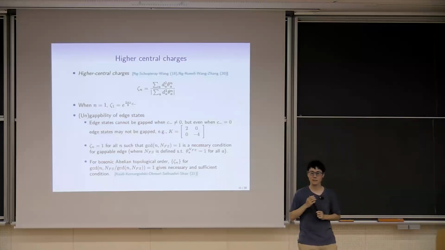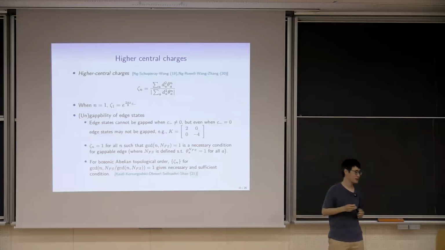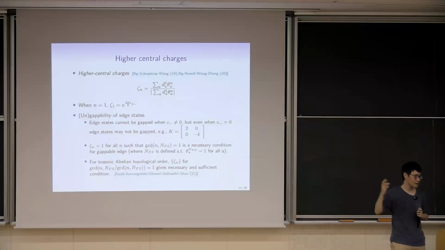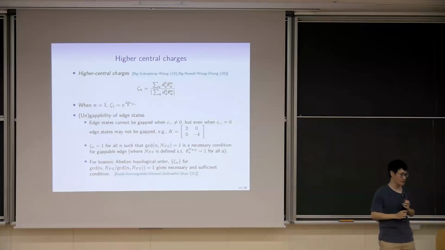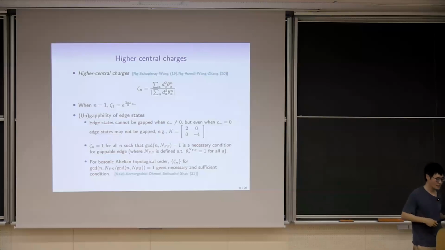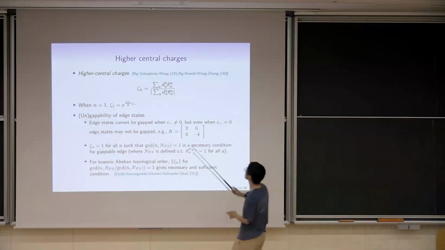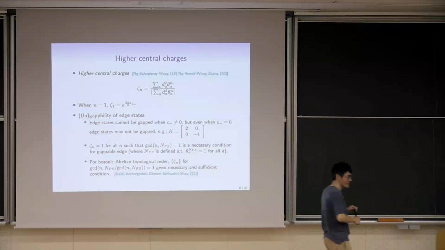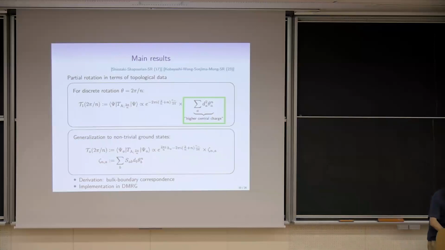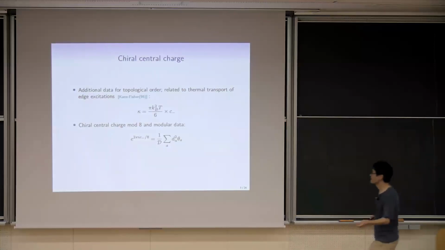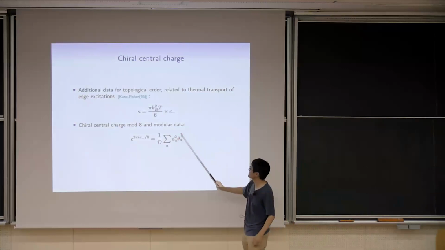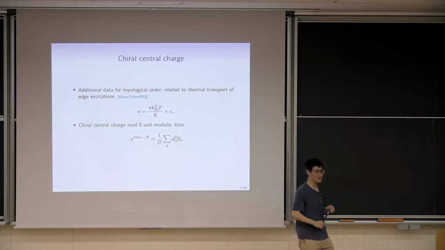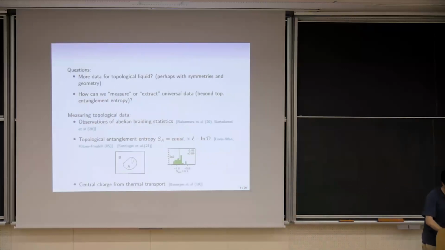I don't know the answer, but I would try symmetry resolution by rotation, which may capture a higher version of the total quantum dimension. But still this is 2, right? We change n, but this is 2. So I thought you may want to change the power here. Yeah, the power of theta we can change.